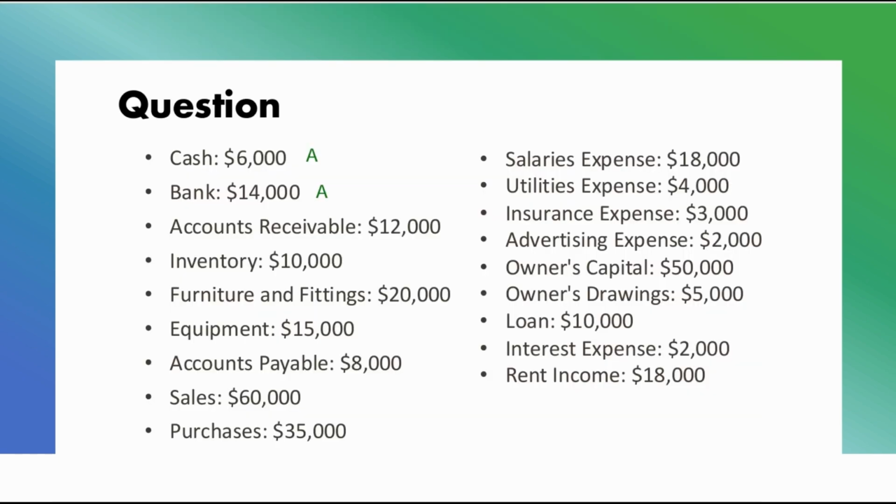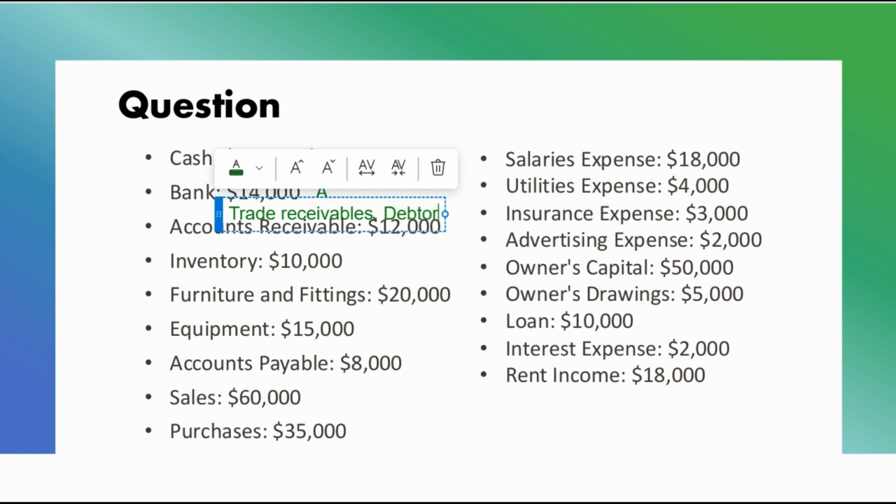Accounts receivable. Another name for accounts receivable will be trade receivables, or you can also call them debtors. You have trade receivables or debtors when you sell goods on credit. That is, let's say I'm a toy manufacturer and I sell my toys to toy outlets, toy shops.